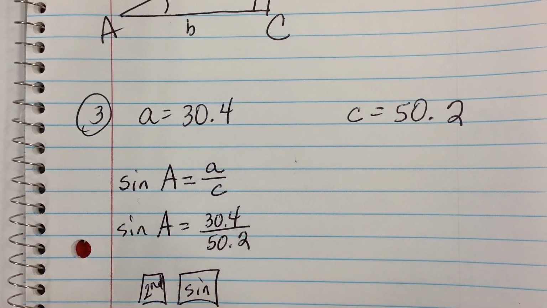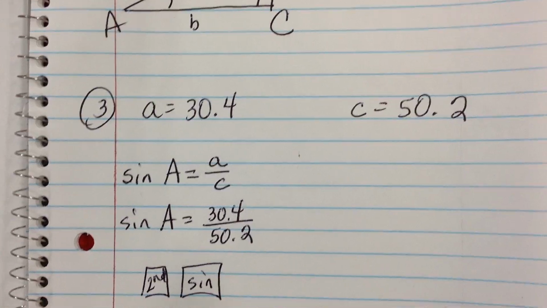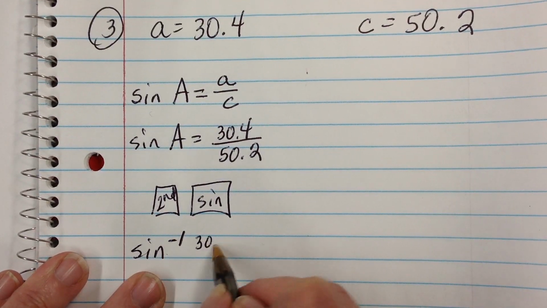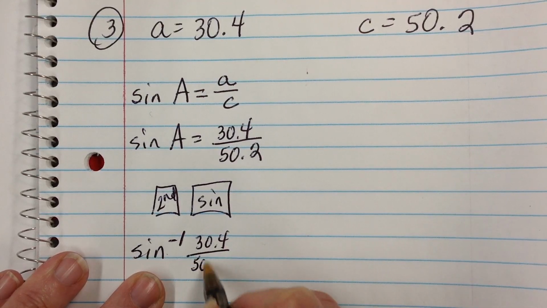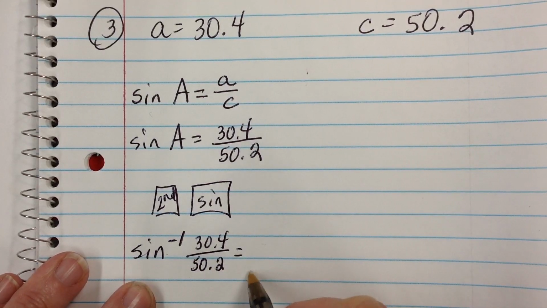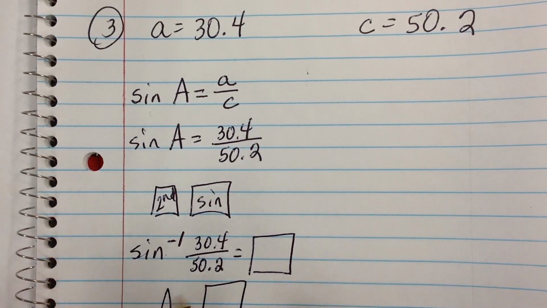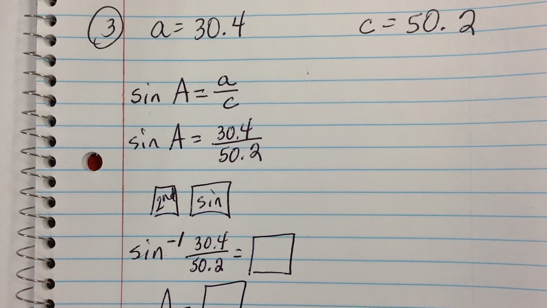So really you're going to see second sine of 30.4 divided by 50.2. That's the way you will find an angle value. And we will round that to the nearest tenths.